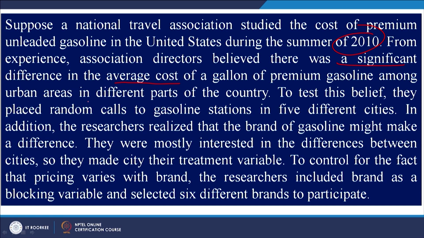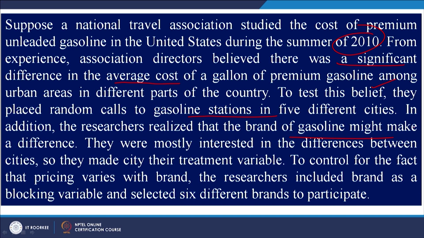So, he thinks that the price of gasoline is different in different parts of the country. To test this belief, they placed random calls to gasoline stations in 5 different cities. In addition, the researchers realized that the brand of gasoline might make a difference in price.